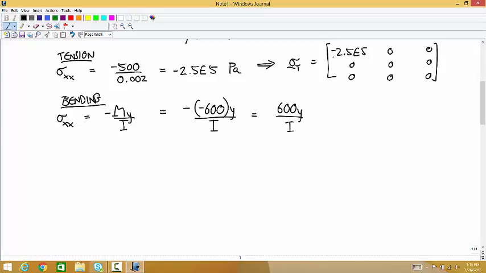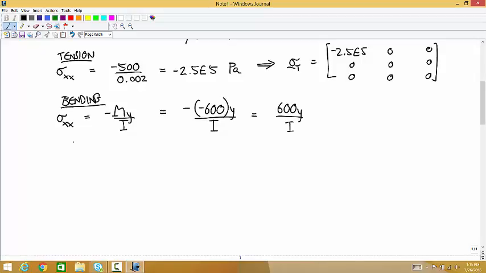You follow what I mean? If we have a positive value of the XX stress due to bending, then it negates some of this negative stress we have here, and you're going to end up with a smaller total absolute value of the normal stress, and then you're going to have a smaller maximum shear stress.